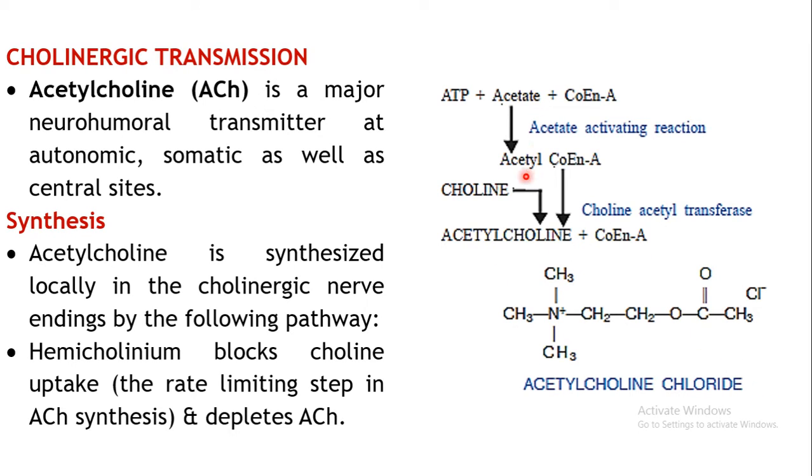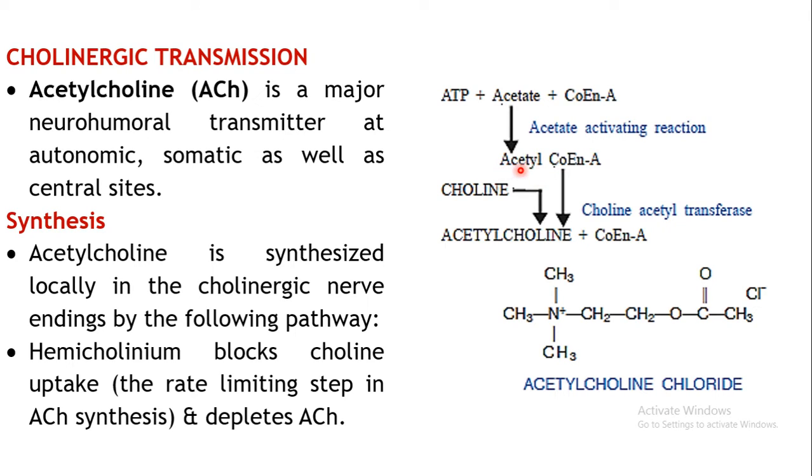The first step is the formation of acetyl coenzyme A with the help of ATP, acetate and coenzyme A. All these, with an acetate activating reaction, result in formation of acetyl coenzyme A, which in turn is utilized as a source of acetyl, as you all must be aware. This is the main source of acetyl for acetylcholine.